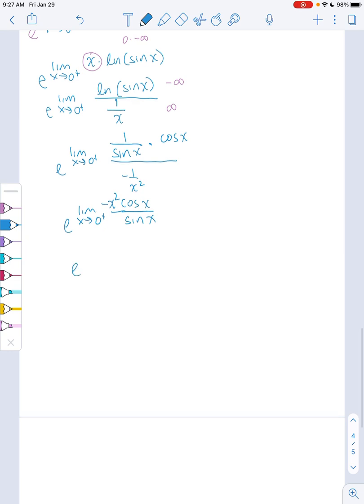And then from there, if I do my plug-in, I know I get 0 on top because of the x squared, and 0 at the bottom is also 0. So 0 over 0 when I do the plug-in.